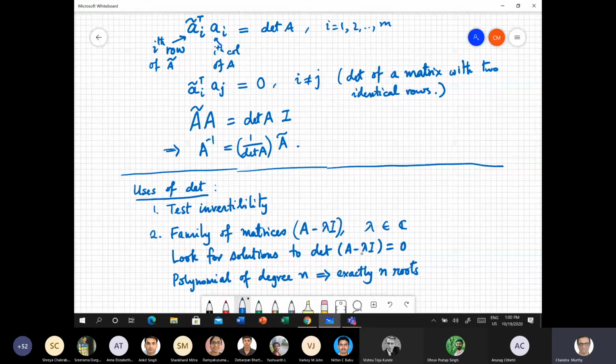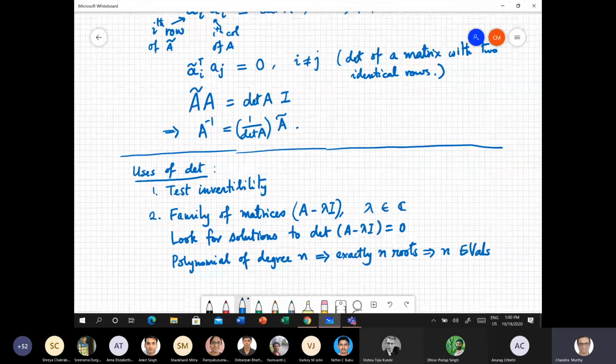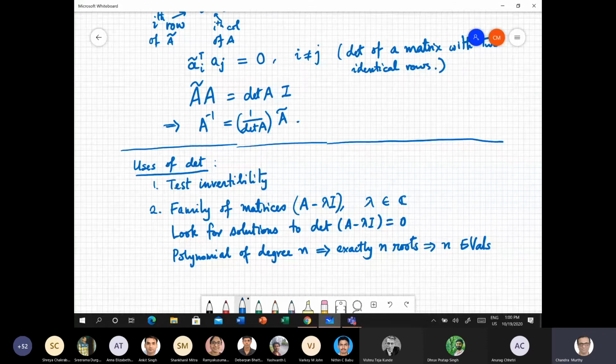And therefore, there are exactly n values of lambda which will make this determinant equal to 0. For any other value of lambda in the entire complex plane, this determinant will be non-zero, or A minus lambda I will be a non-singular matrix. And these n roots give us the n eigenvalues. So determinant is also something that helps us in computing the eigenvalues of a matrix.